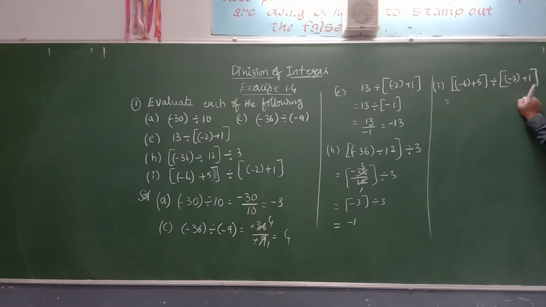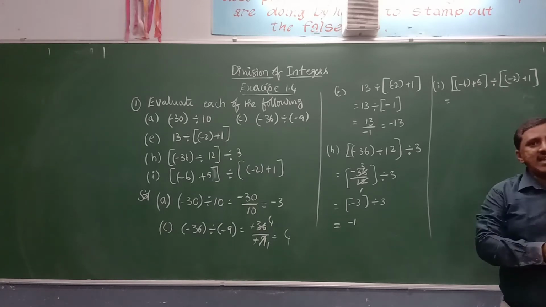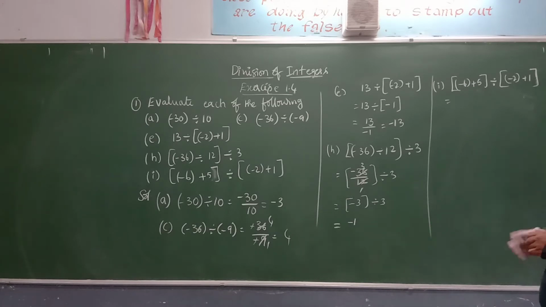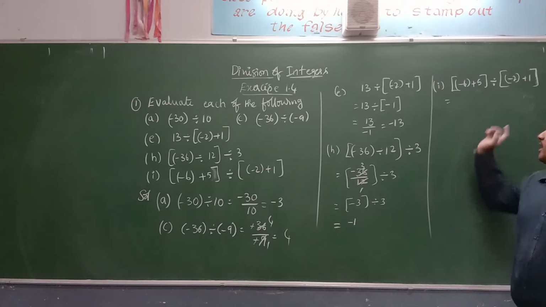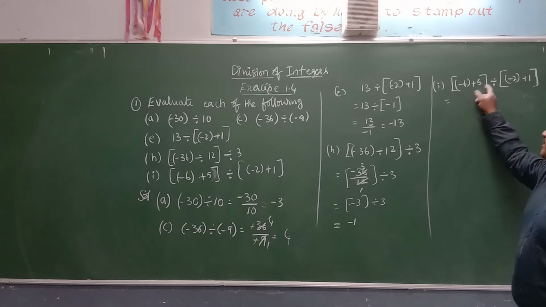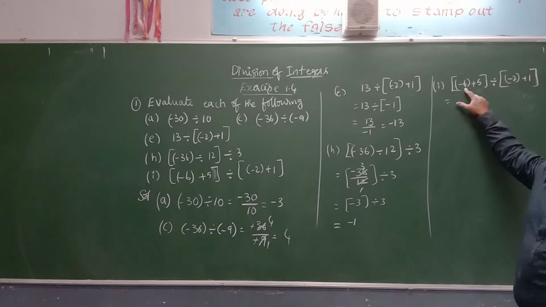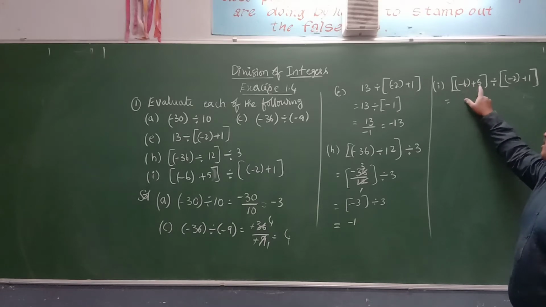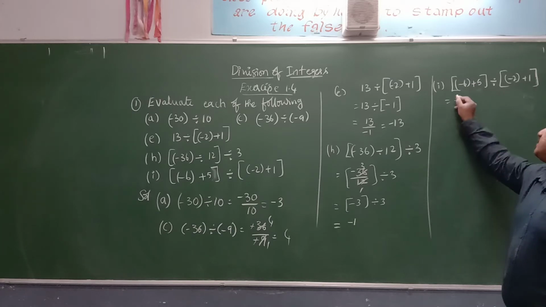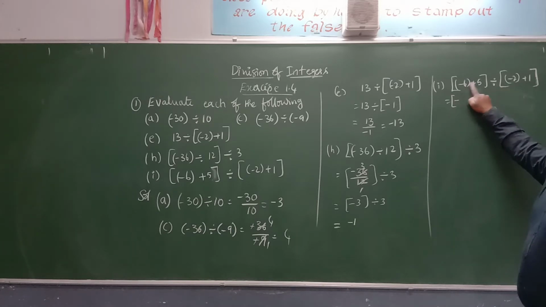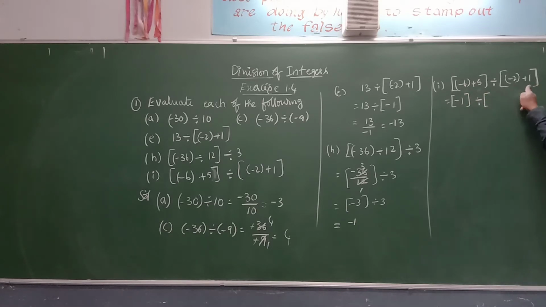How to add one positive and one negative integer? Ignore the signs, subtract the smaller number from the greater number and keep the greater number's sign. Which is greater, 6 or 5? 6. It has the minus sign, therefore we get minus. 6 minus 5 is 1, so we get minus 1, divided by minus 2 plus 1. Minus sign is there for 2, which is the greater number, so we get minus. 2 minus 1 is 1, giving minus 1.